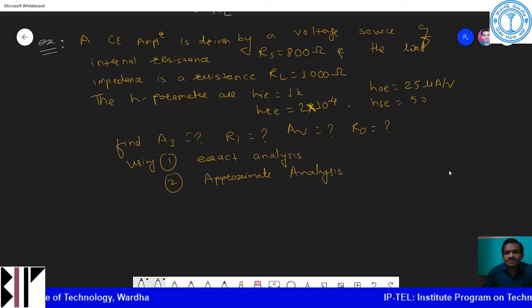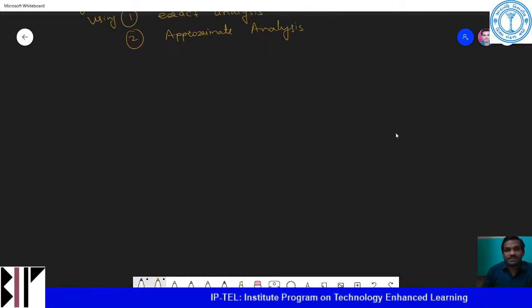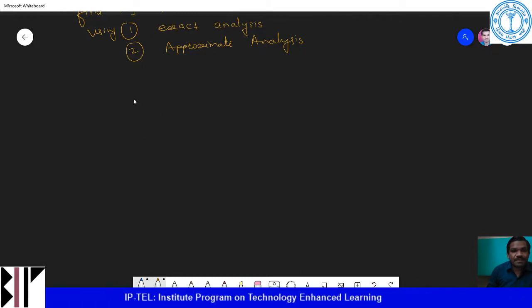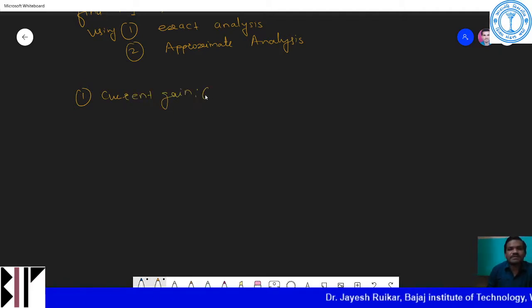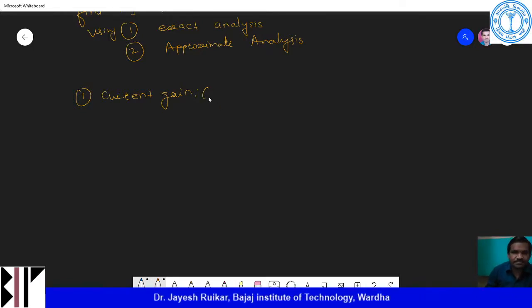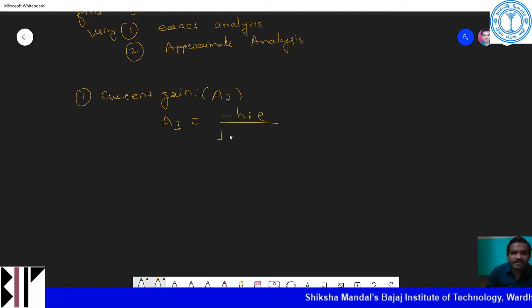So you have to learn those formulas if you don't remember them. The first parameter I will find out is the current gain, AI, which is equal to minus HFE divided by 1 plus HOE into RL.